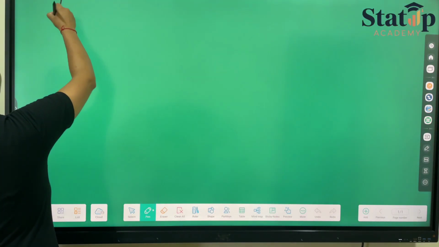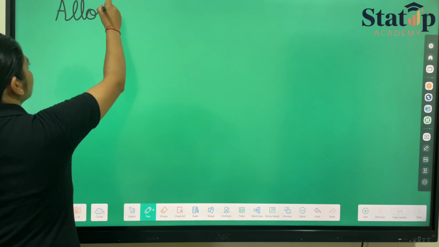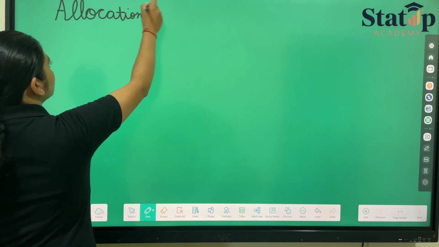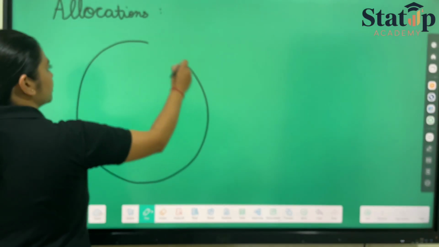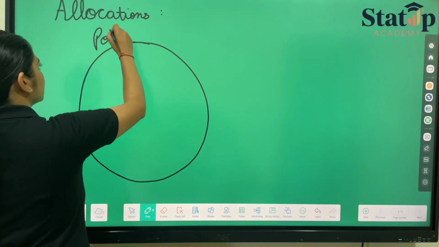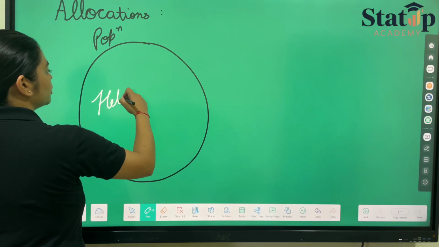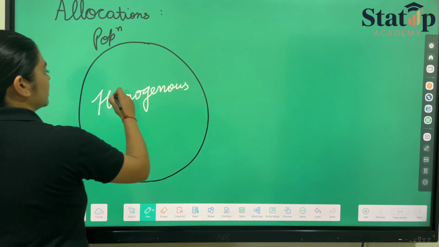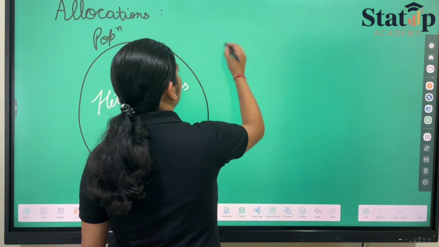So today's topic is allocations. Suppose we have a population. Now we know that population is heterogeneous in nature. All the units are not same. Different units are there. That is why we take strata.